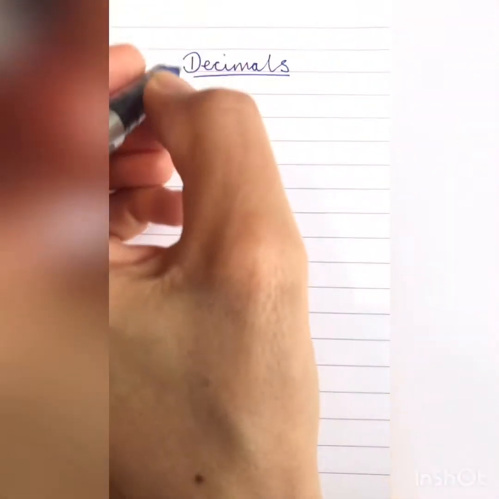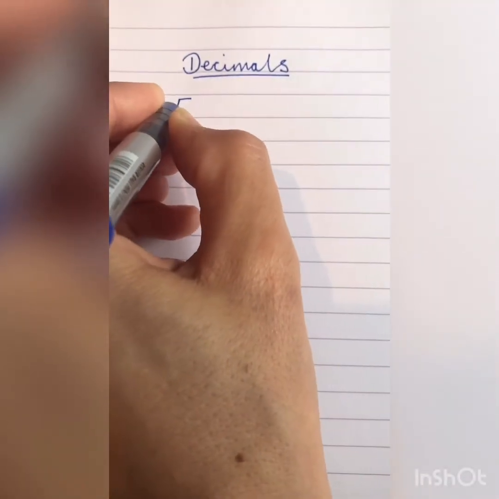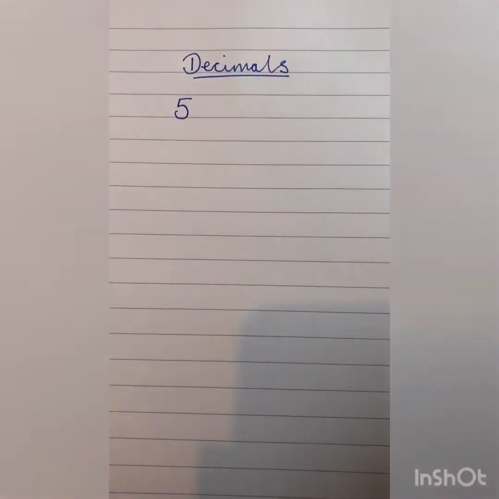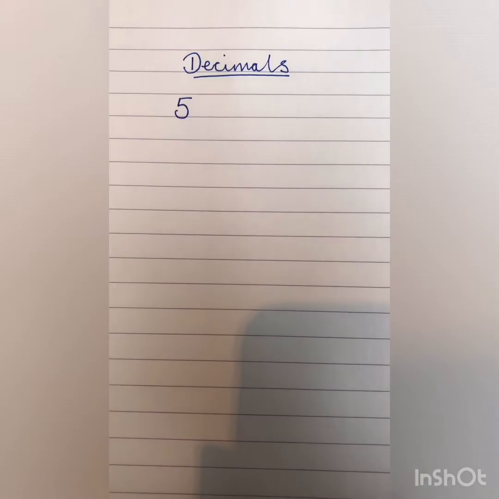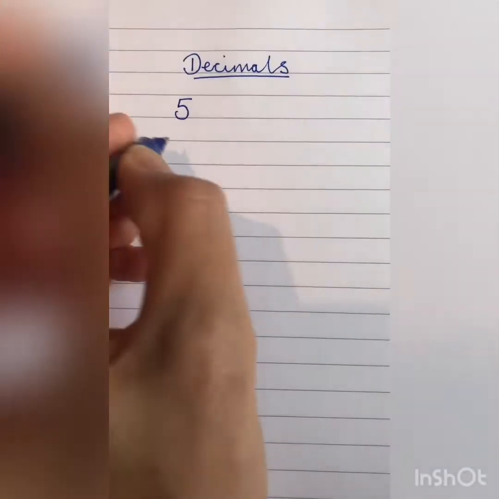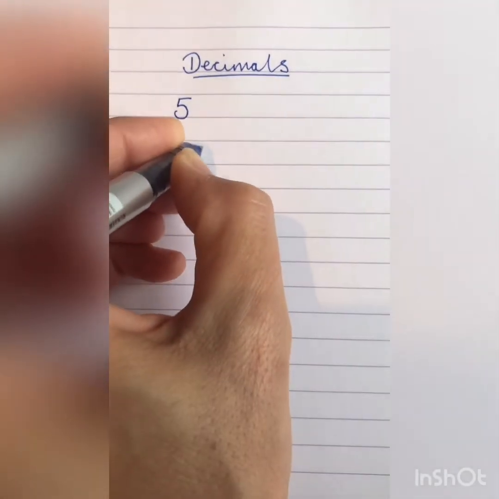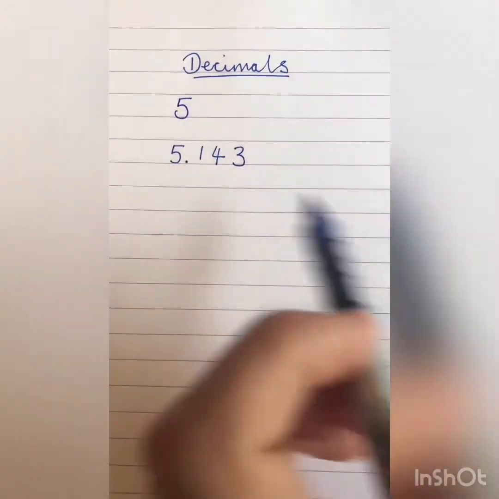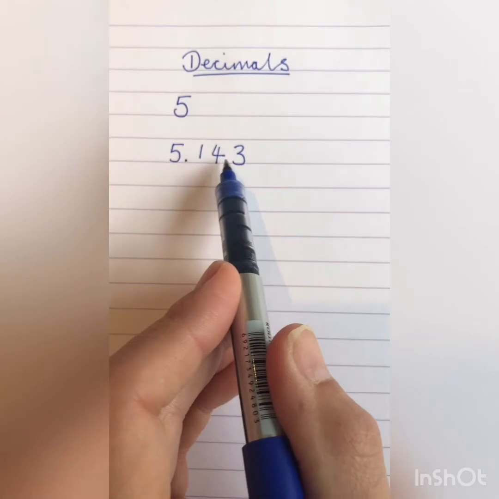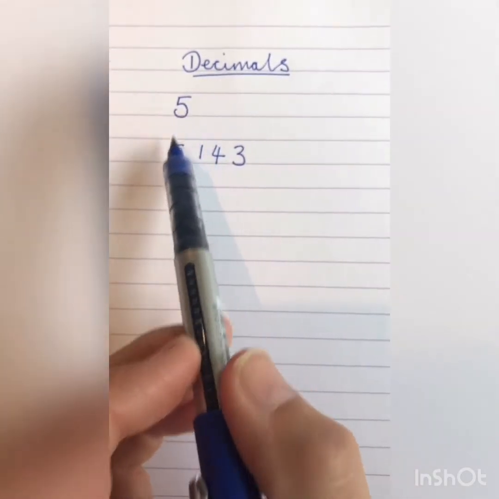For example, let's say we have the number 5. Looks fine, it's a normal number, it's 5 whole numbers. And this number, 5.143, and the number 5.